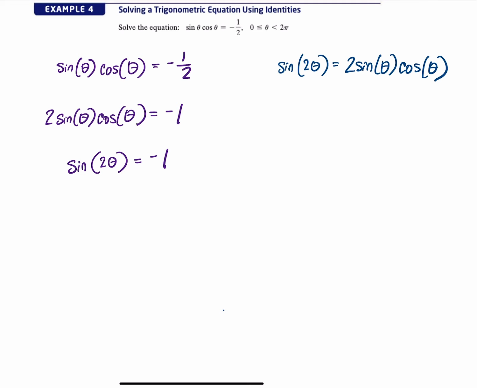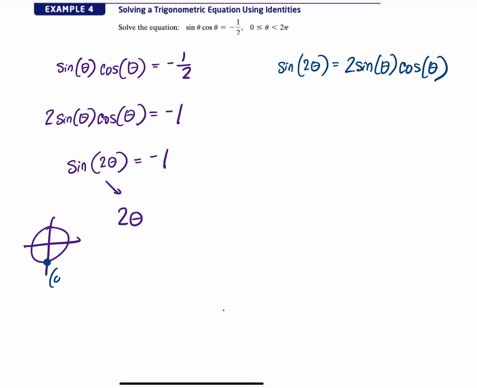Now let's solve this as a trig equation. Now we have just a single sine function. So we can use a substitution method, which I showed in a previous video, or we can just think in general, where's the sine of something equal to -1? And let's just take the 2 theta along with us. Well, the sine of anything is equal to -1 at 3 pi over 2.